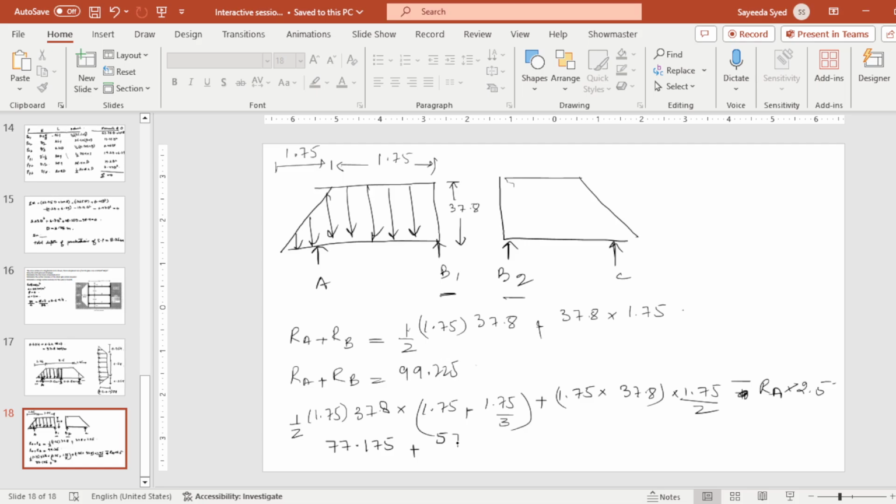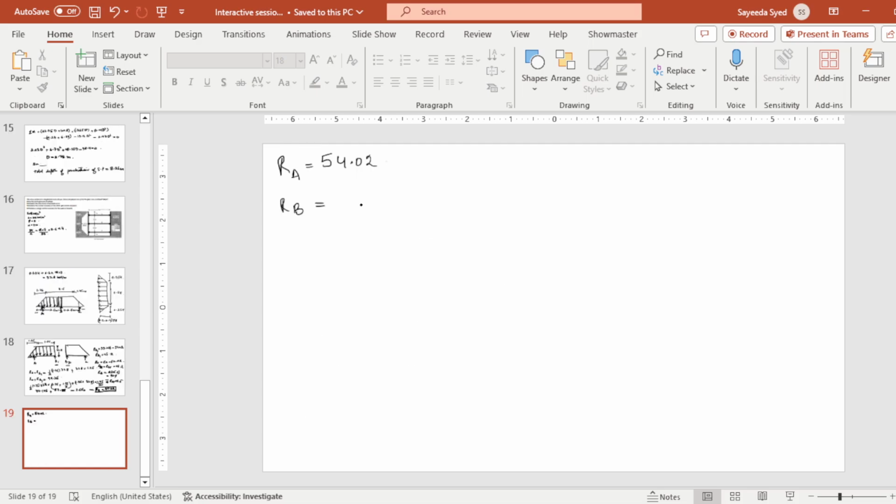So if we write the loads on the struts, RA equals 54.02, RB equals 90.4, and RC equals 54.02.